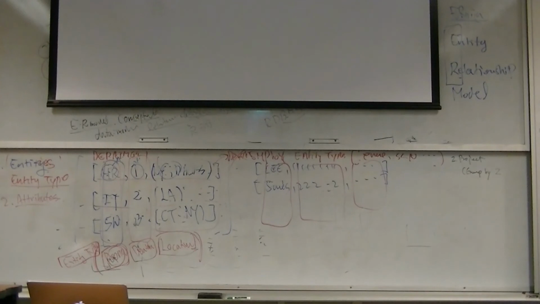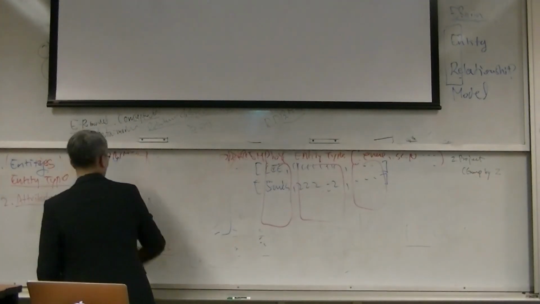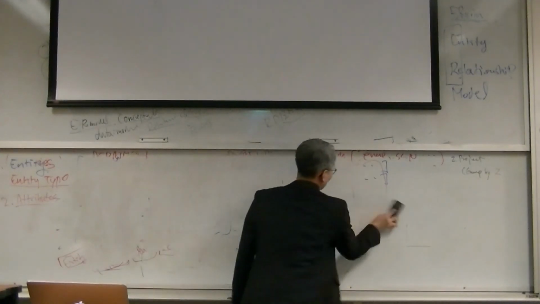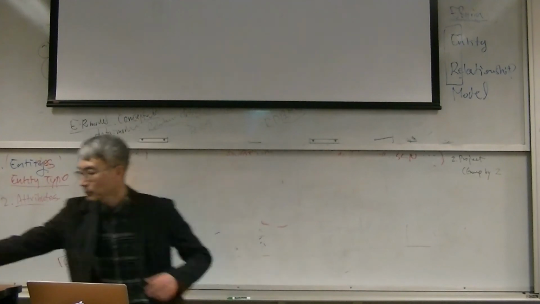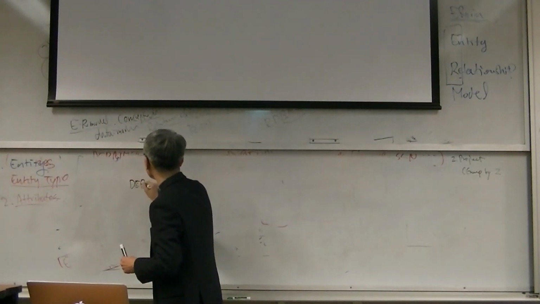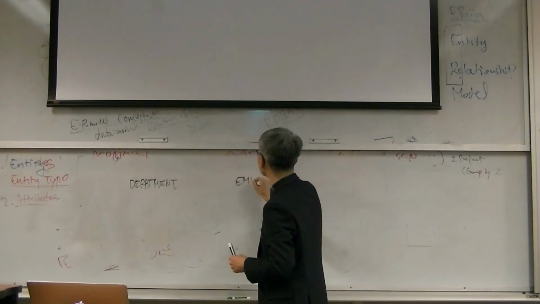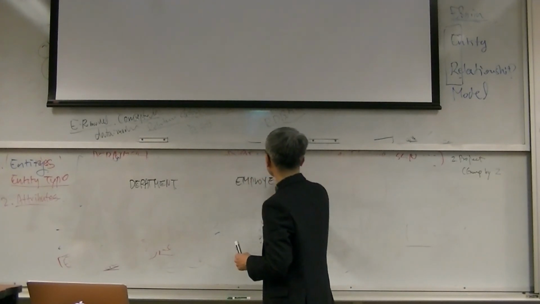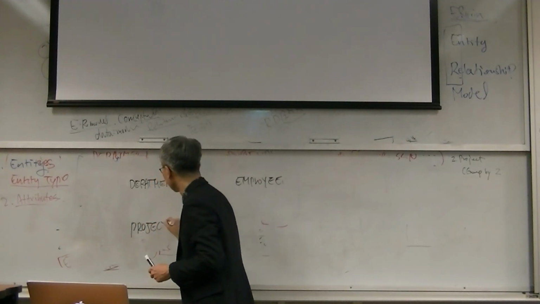So the first step is finding entity types. So department, and employee, and project, and dependent.